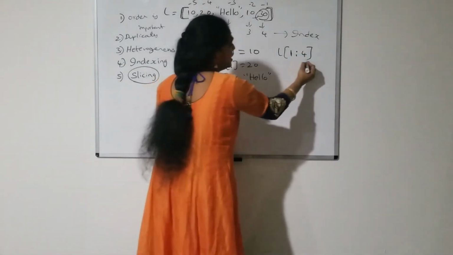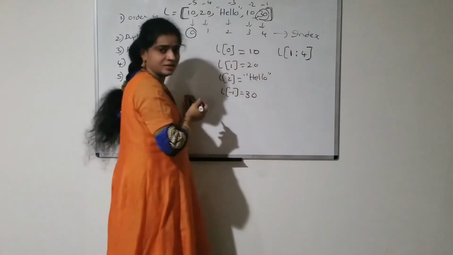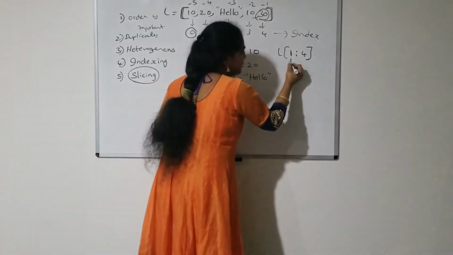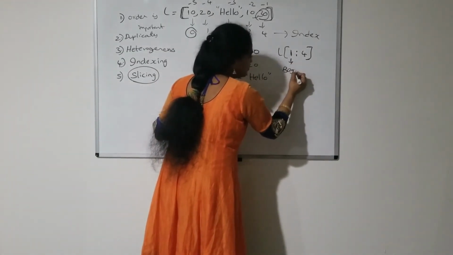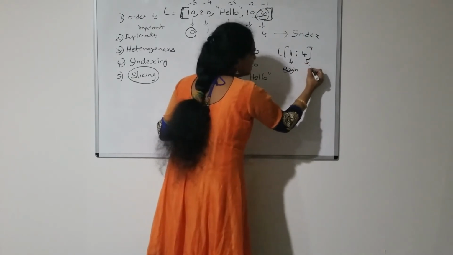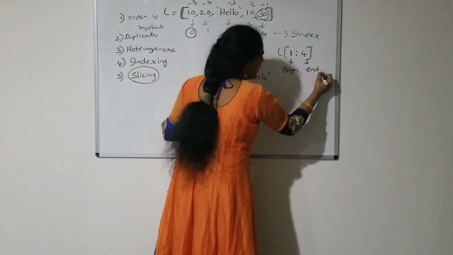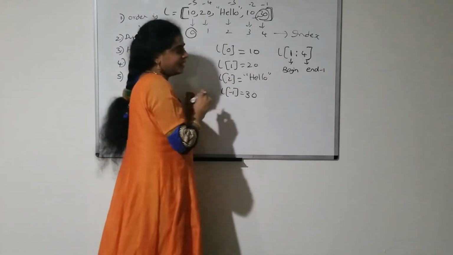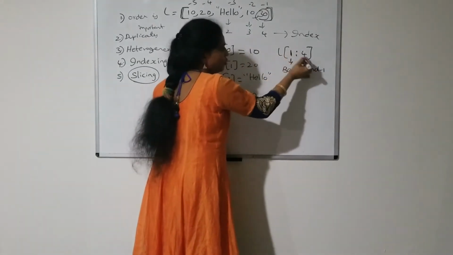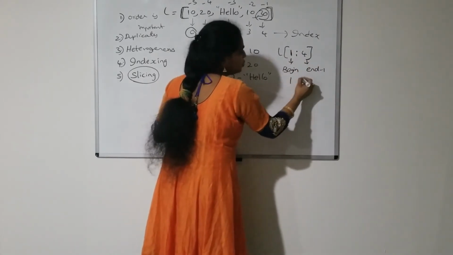So what is the meaning of this? 1 is the begin index value, and 4 is the end index value, and the slice goes up to end minus 1. That is from index value 1 to end minus 1, meaning index values 1 to 3.